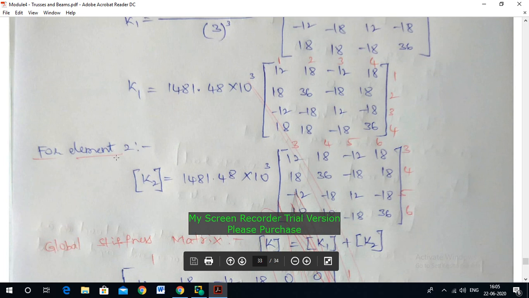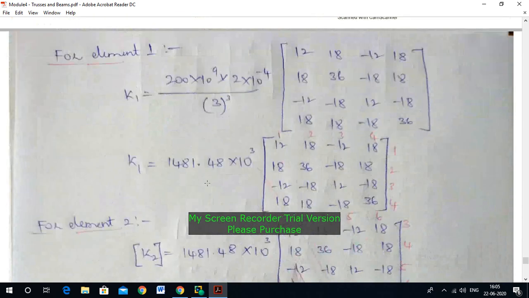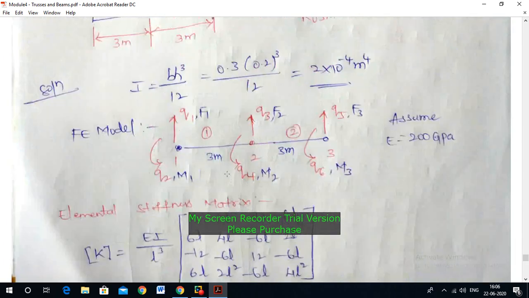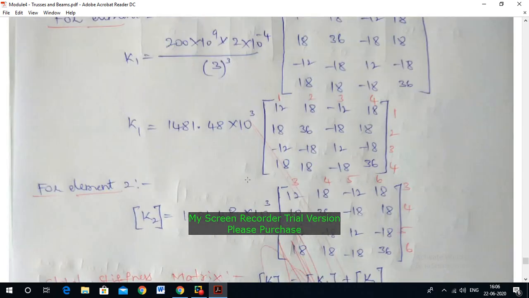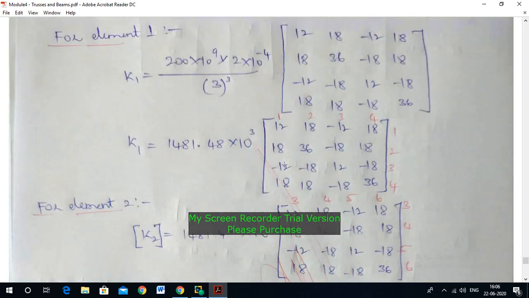Next, to find the element stiffness matrix for beam element 2, K2 equals 1481.48 into 10 power 3. It is the same because the lengths are the same, so I get the same matrix: 12, 18, minus 12, 18; 18, 36, minus 18, 18; minus 12, minus 18, 12, minus 18; 18, 18, minus 18, 36.